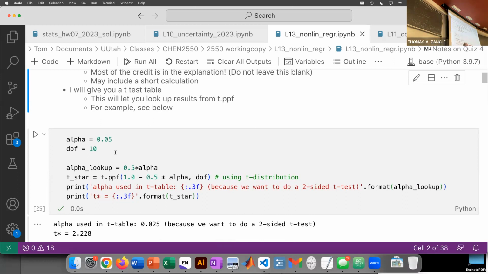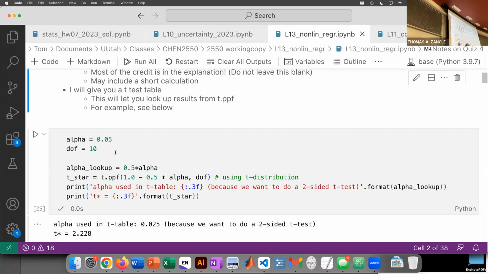You should take a look at this to make sure you understand how to use the table, because that's where you're going to be getting your numbers from. But we'll look through this right now. Let's say we're doing a two-sided t-test with alpha equal to 0.05 and 10 degrees of freedom. The way I would do this in Python is with the stats.t.ppf function.